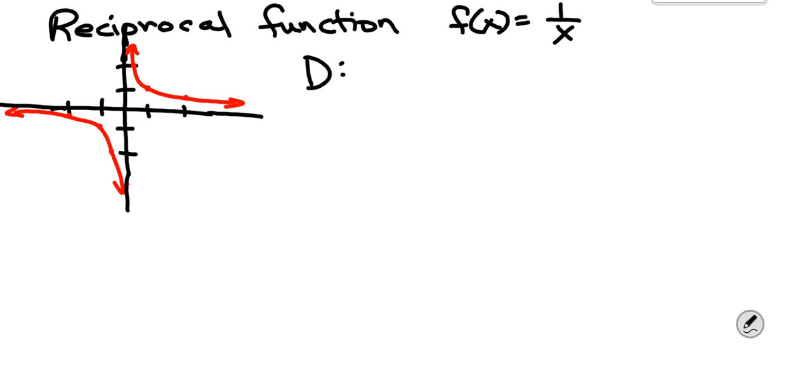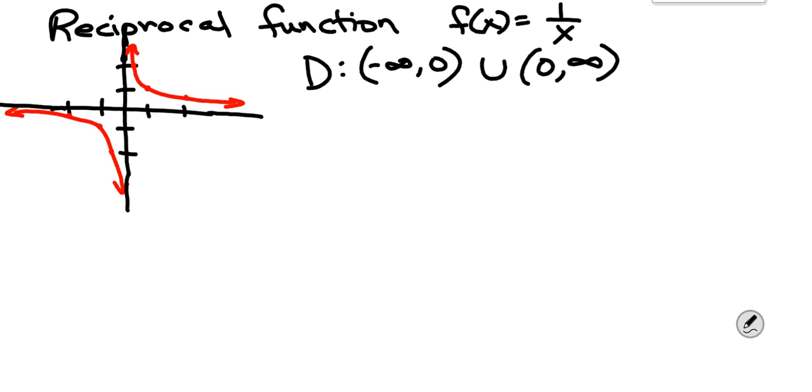So this domain is listed this way, from -infinity to 0, but with an open parenthesis at 0, union with, so it's kind of in two parts, and then as soon as I hop over 0, I see it again, but I don't include the 0 again, 0 to positive infinity.